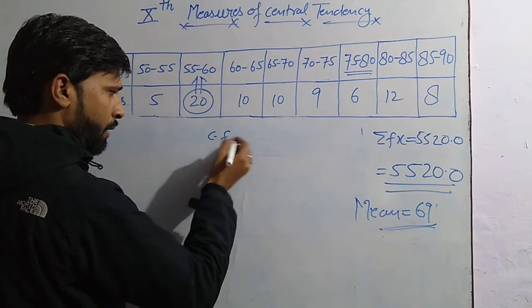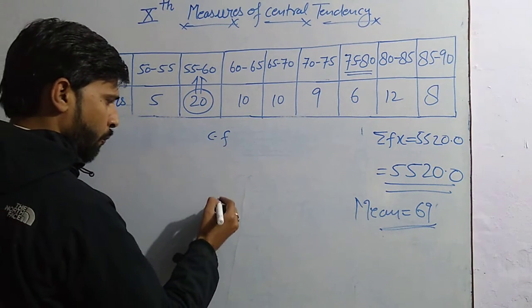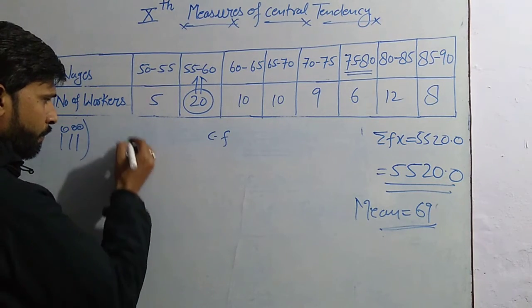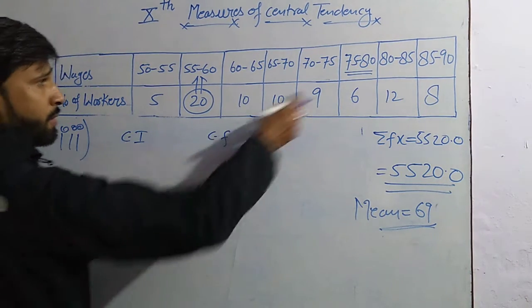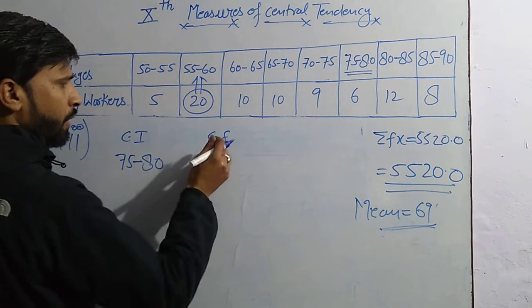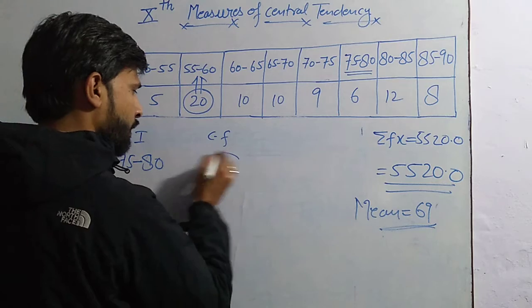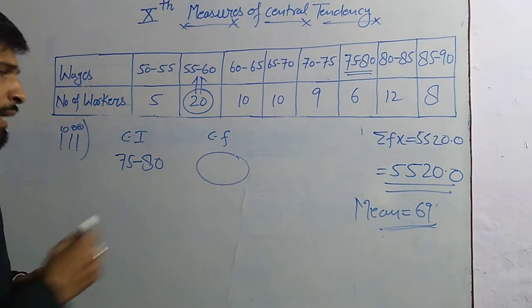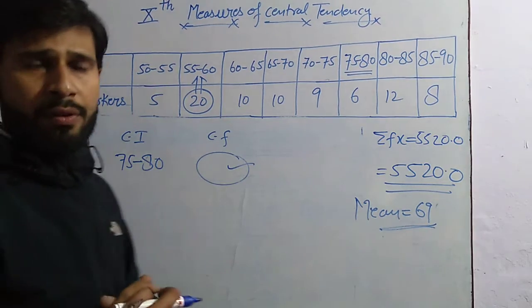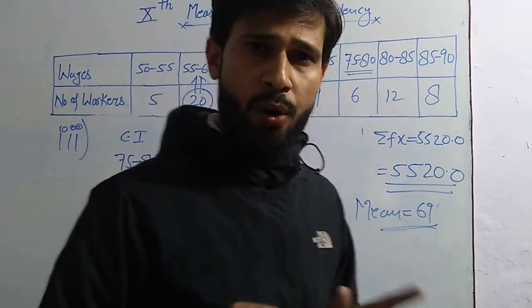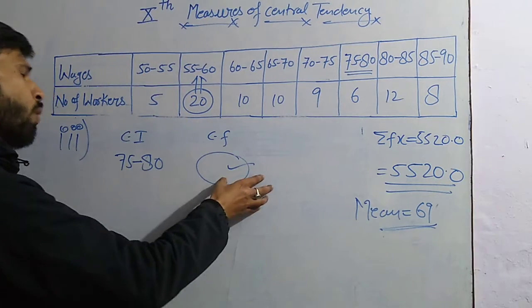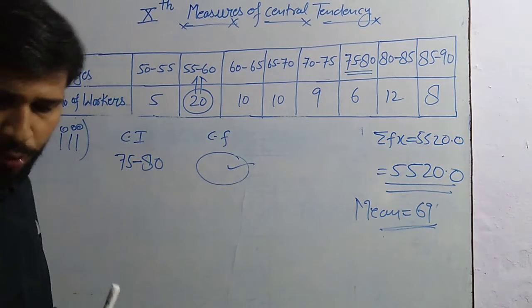In the CF table, the CI here is 75 to 80, and the CF of this indicates the maximum value of wages which is below rupees 80, which is the required answer for this question.